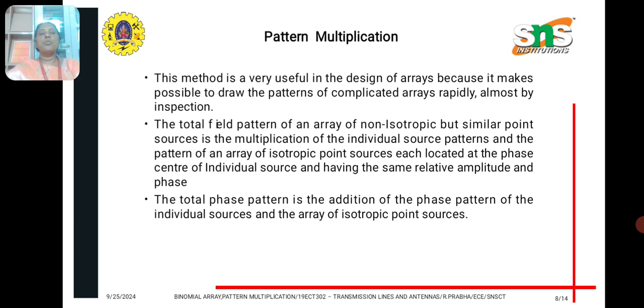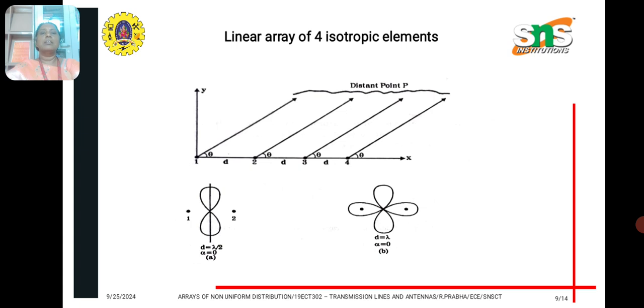Similarly, the total phase pattern is the addition of the phase pattern of the individual sources and that of the array of isotropic point sources.